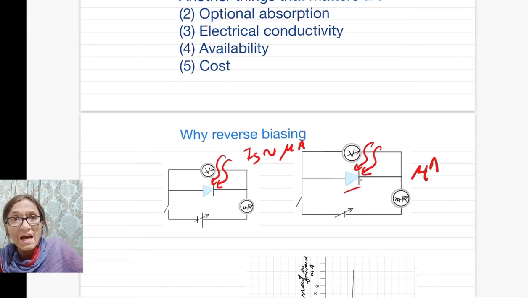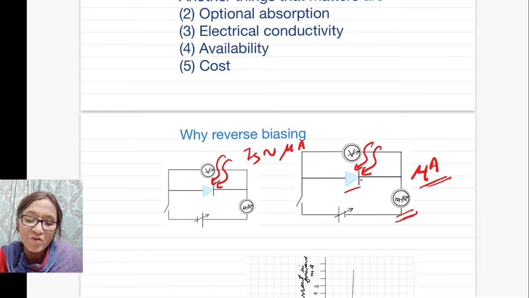So when you have a milliampere ammeter, this microampere current is not even noticeable. When you have a bulb or anything in the circuit, you will find that the photocurrent is unnoticeable.